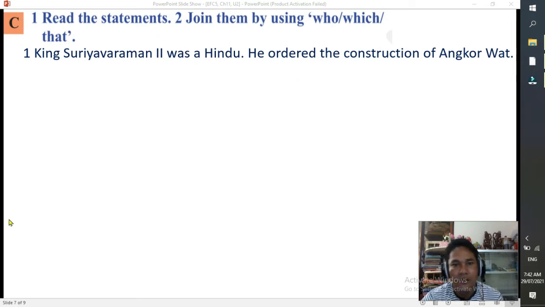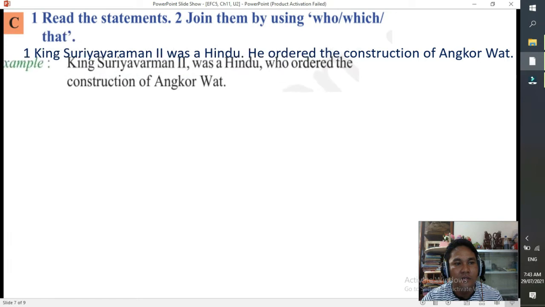Okay, so you remember already who. It is the relative pronoun that used with people to combine the two sentences, and which with thing, that can use both with people and thing. So now we can see the modal one as an example.